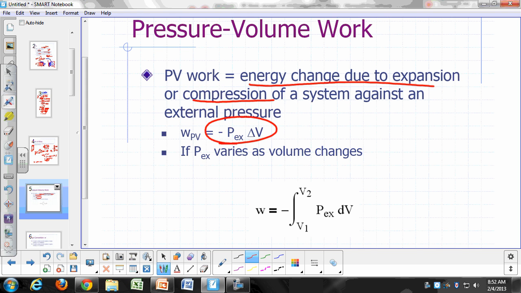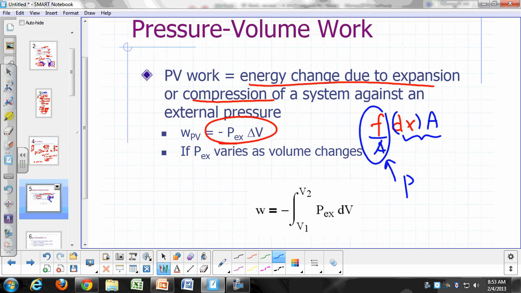To understand where that comes from, okay, force times distance. What is the definition of pressure? Force per unit area, right? So if I want an expression in terms of pressure, what should I do? I divide by area and multiply by area, right? Force per unit area is pressure. What's area times change in distance?